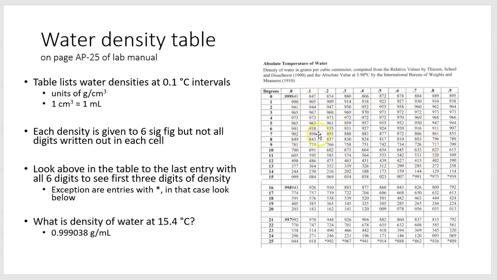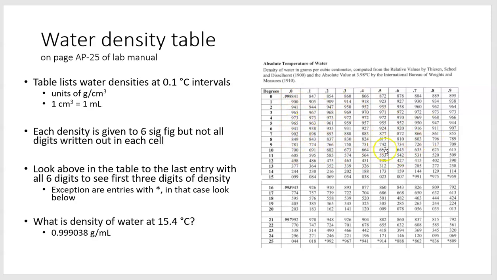So they just tell you the last 3 digits. And you have to realize that you usually look up to the cell above it in the table that has all 6 numbers, and that will tell you the first 3 values. So here we know that 0.999 goes in front of all these numbers.